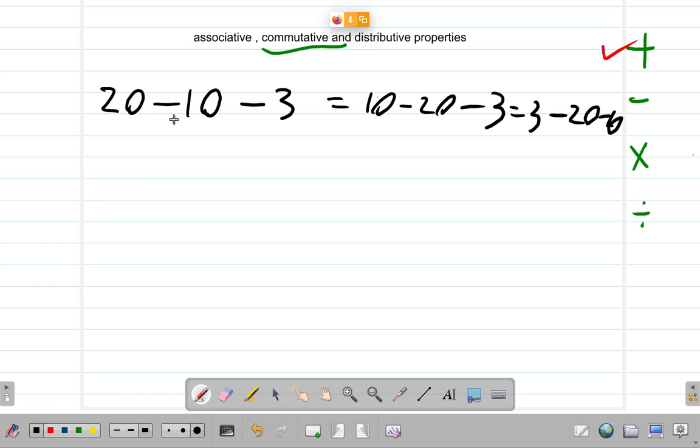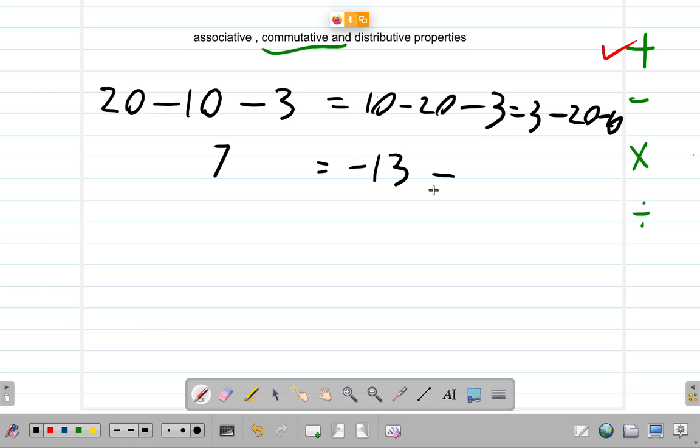Now 20 minus 10 is 10. 10 minus 3 is 7. Okay, good. Let us see what happens here. 10 minus 20 is negative 10. Negative 10 minus 3 is negative 13. You can see already that subtraction is not commutative.